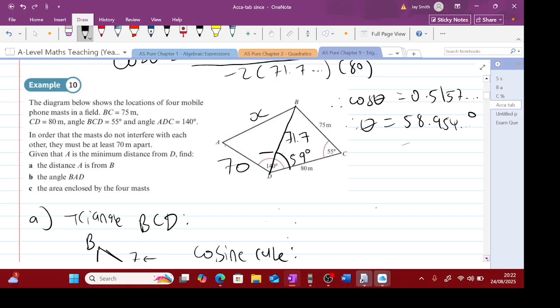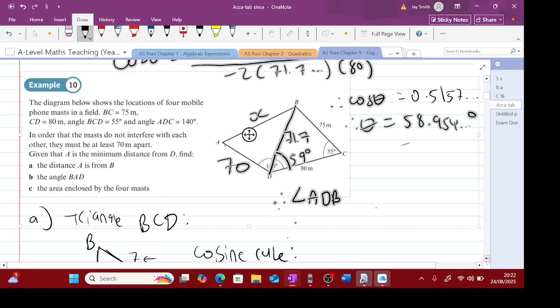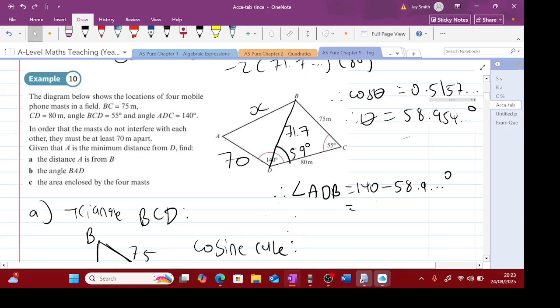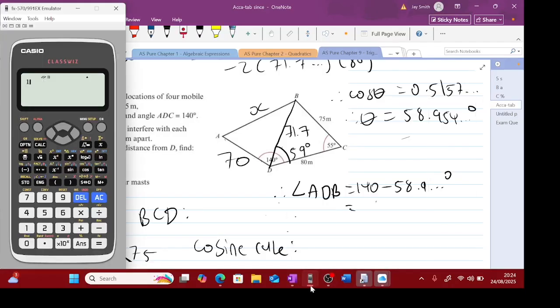Now I can work out this angle, angle ADB, which is this part of the angle of the 140. That's going to be 140 take away the other angle. So I can put that in the calculator: 140, and then this 58.9 was my previous answer.